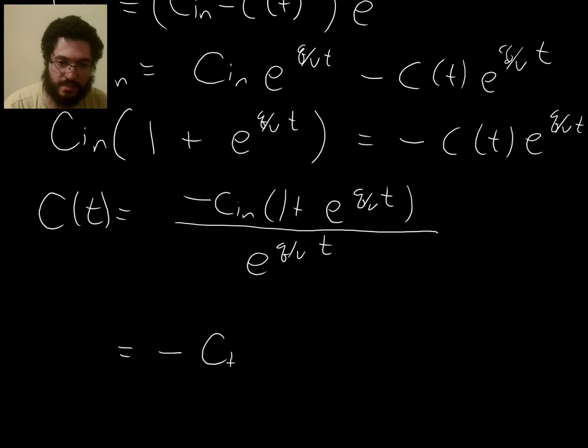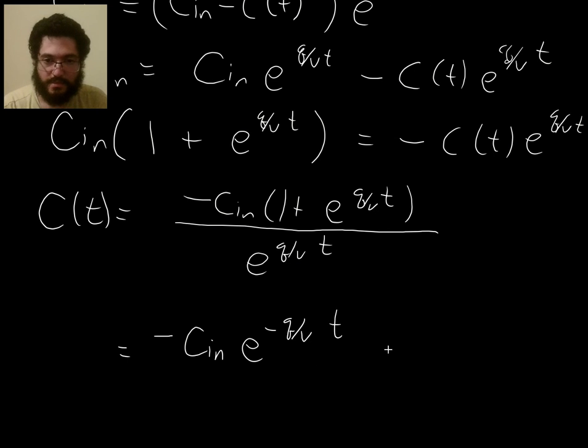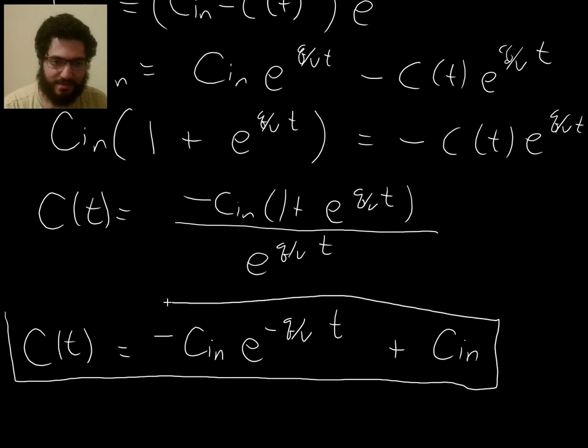It's minus Cn e to the minus Q over Vt plus Cn. Does that look right? I think so.